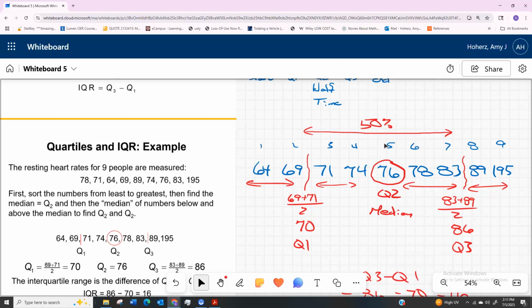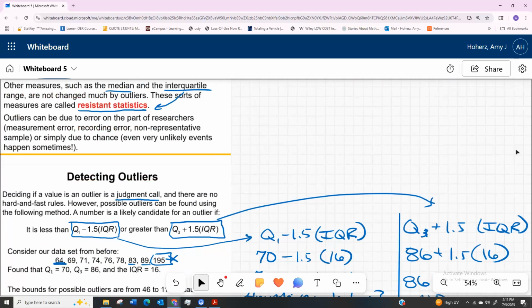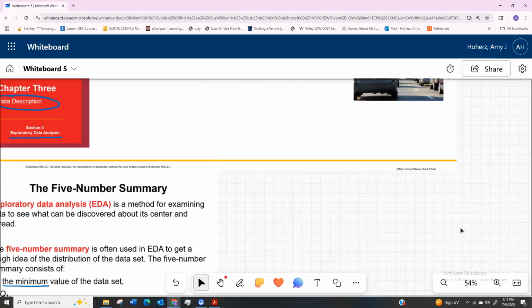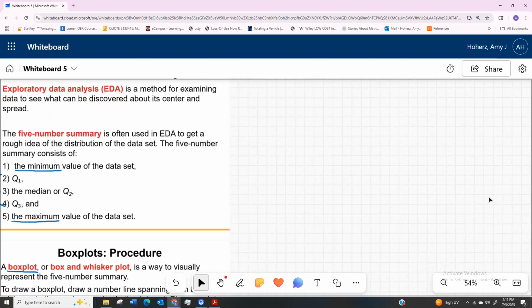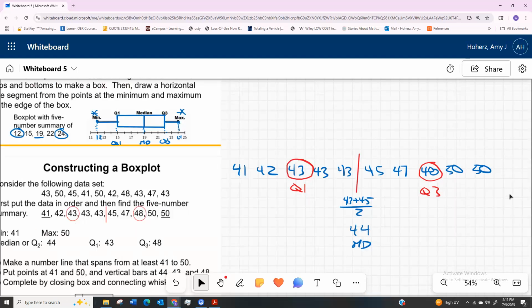This time, our median we had to average, and then our halves were right in the middle. It just depends on how many there are. You could have a data set where they're all averages. You could have a data set where they all fall right in the middle, and you don't have to do any averages. So it could be all circles, all bar averages, or a mix of both of them.